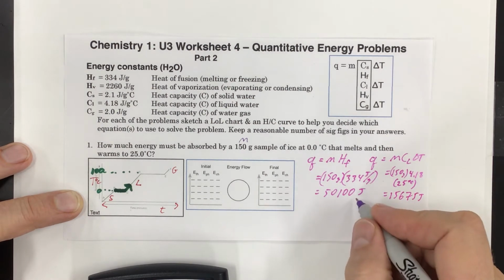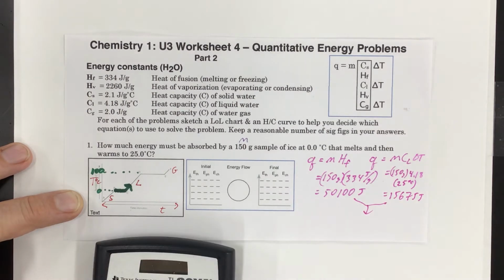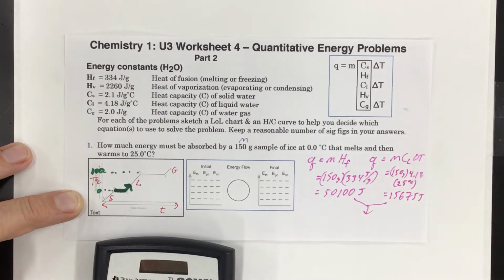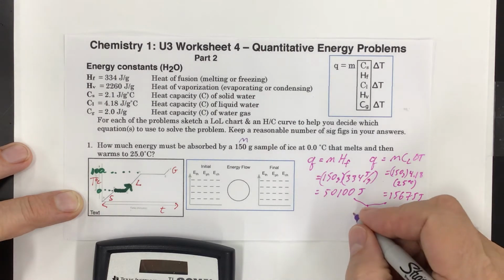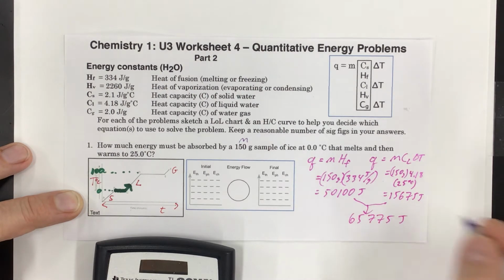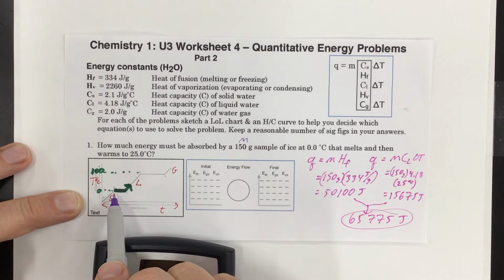So all you have to do is add them up. So it's 65,775 joules of energy to take that 150 grams of ice, melt it, and then heat it to 25.